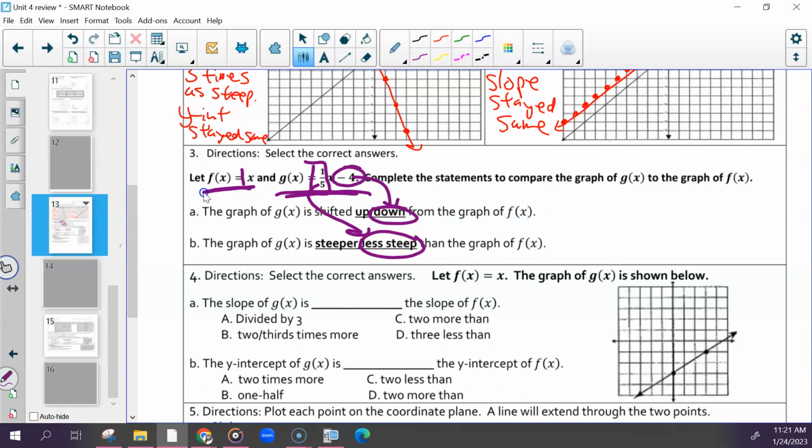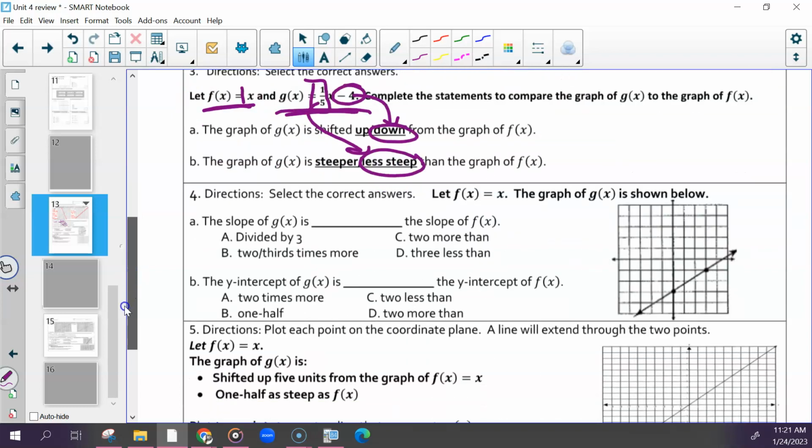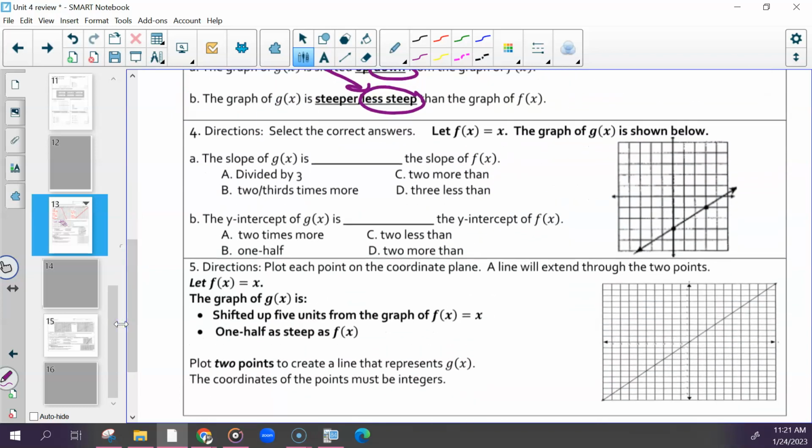Anything else? Cameron. So it's now comparing this original, which will never change, and this graph. It's talking about the slope. What is the slope of this? Two over 3.